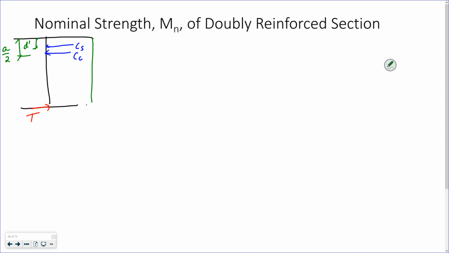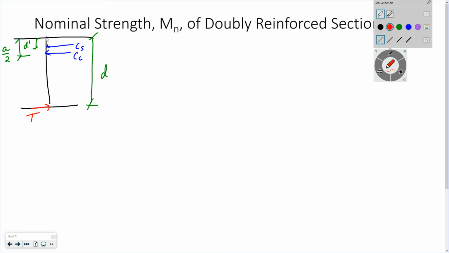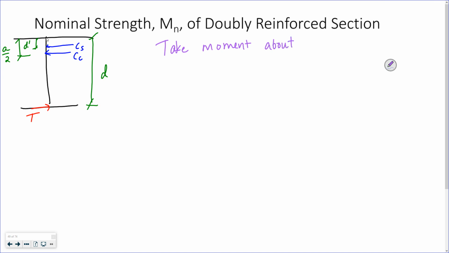The distance from the top down to the centroid of my tension steel is d. Now I'm going to take my moment about T. Before, I took it about C sub C because there were fewer numbers in there. Now, since C sub S and C sub C are close together, let's take our moment about T.